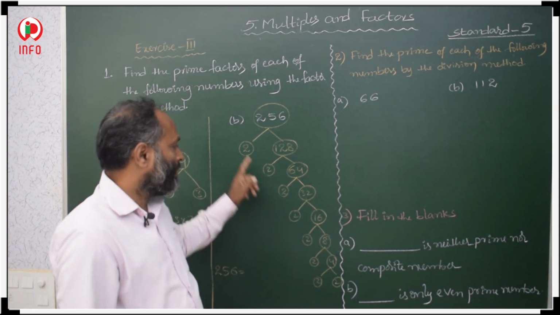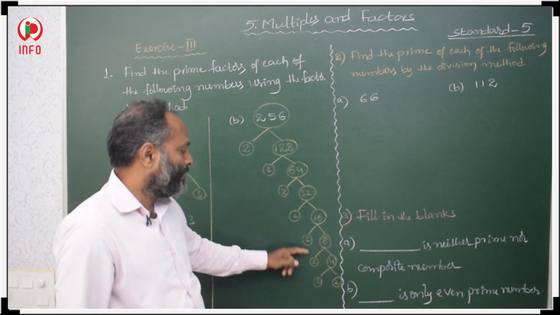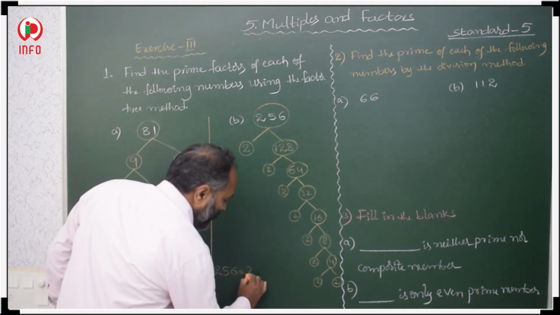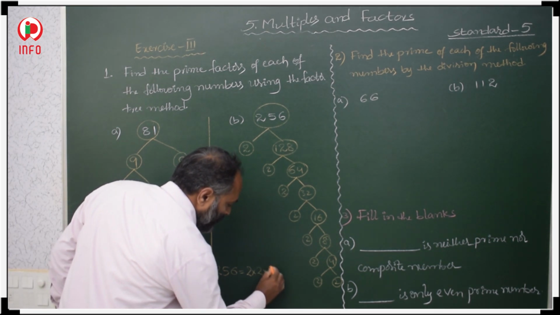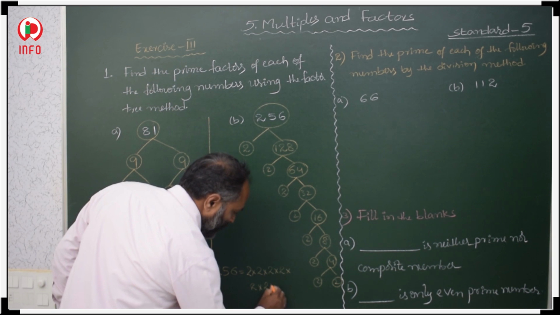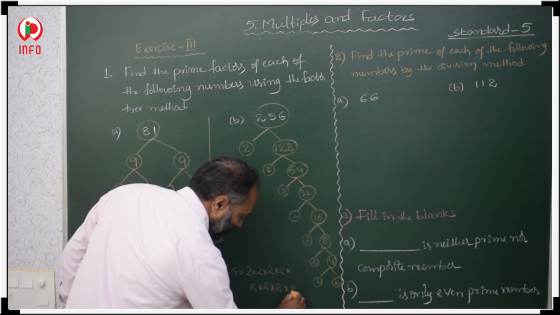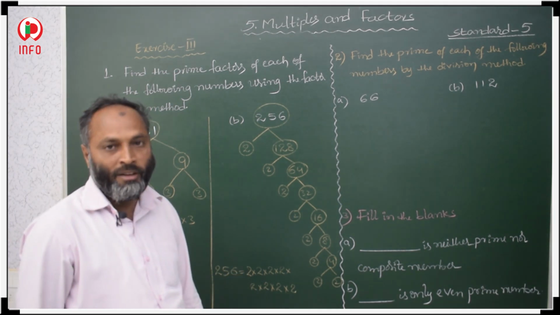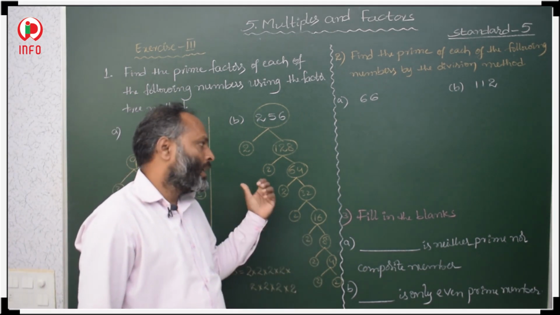How many 2's? 1, 2, 3, 4, 5, 6, 7, 8. 8 times we have to take. So in this way we have to write the product of prime factors using the tree method.